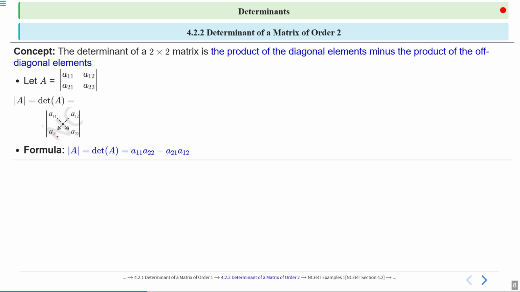So if we want to find the determinant of a 2 cross 2 matrix, just multiply the diagonal elements minus the product of the off diagonal elements. First take a11 a22 as represented by the arrows, and then minus the second arrow, a21 a12.